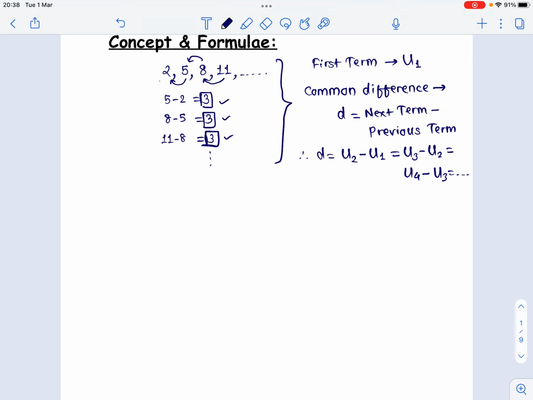Now here I know the first term is 2, the second term is 5, the third term is 8, the fourth term is 11. So right now if I ask you randomly to find the 100th term or 120th term or any other term, you cannot write all the terms up to 100. It is time consuming.